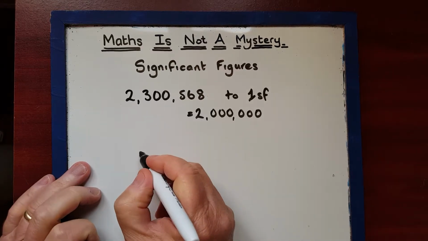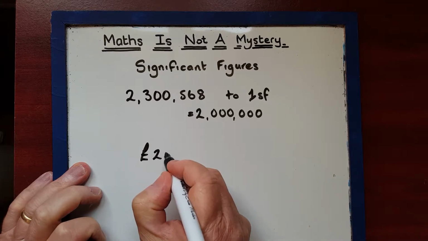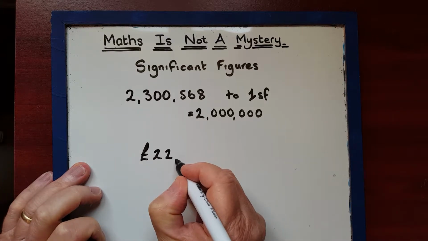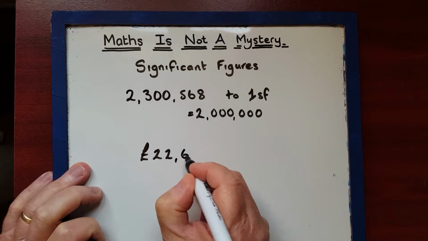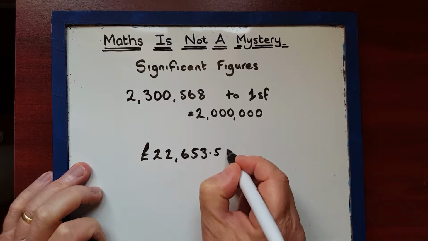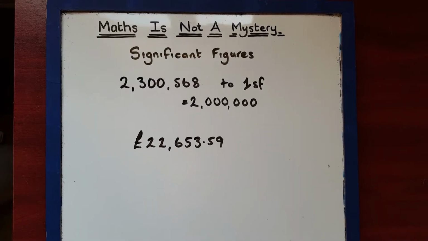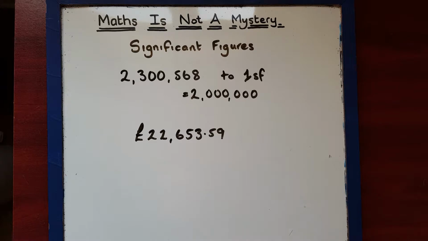So if we get another number then, let's try the cost of a nice new car. £22,653.59. Now that number might matter to you if you are spending the money, but if you're going to tell somebody how much your shiny new car cost, they're not really that bothered about the 59p.